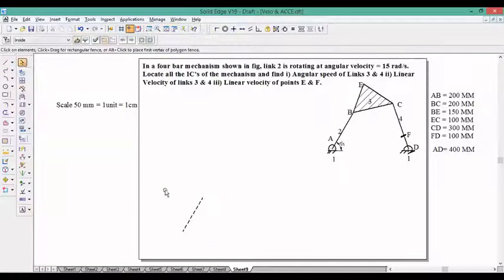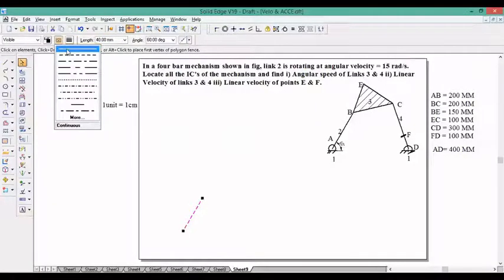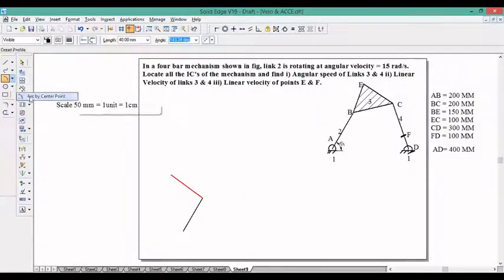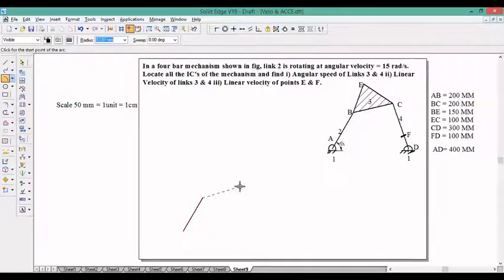This line must be a visible line. Then we have B to C, that is 200, so again 4 centimeters, for which it is better to use the arc by center point method. From this point you take a 40 mm radius and simply cut an arc.